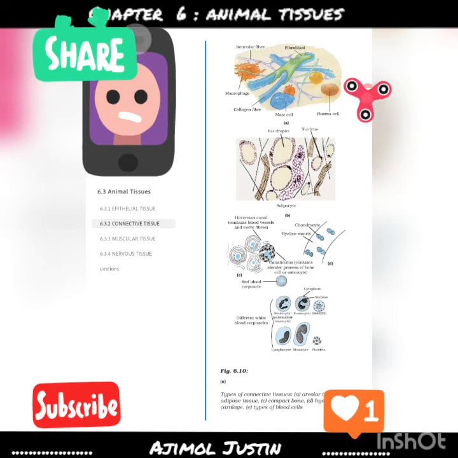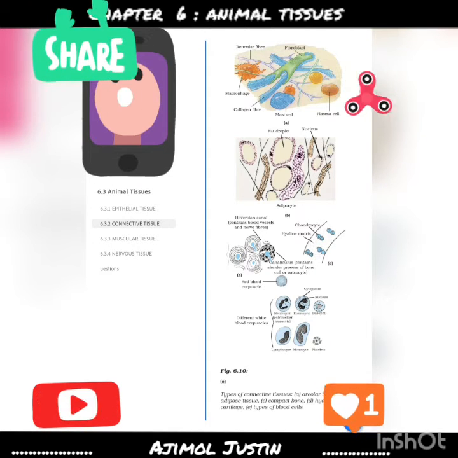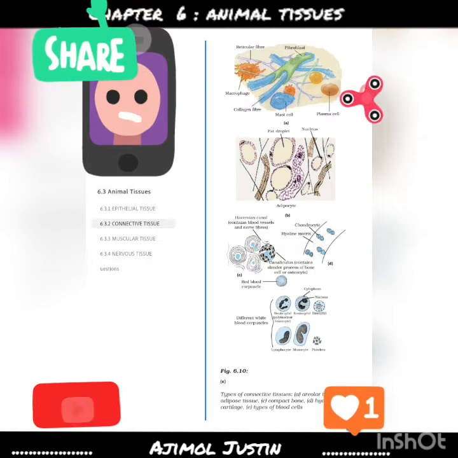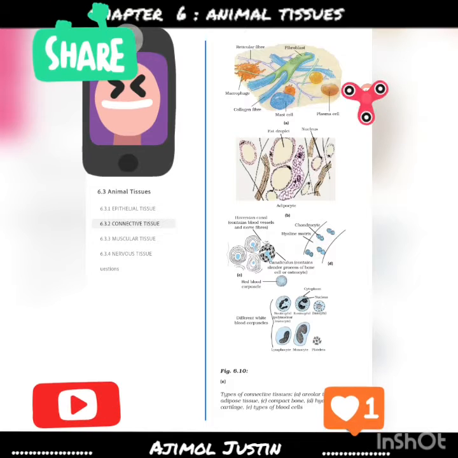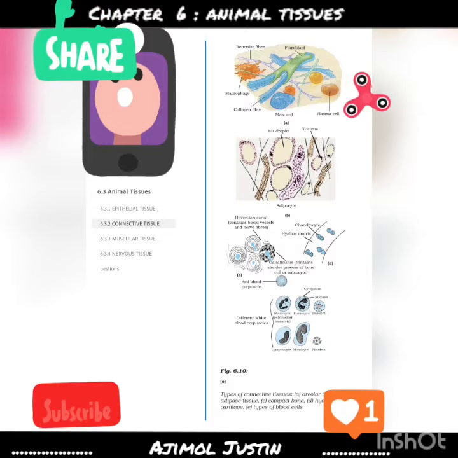Your ear is a cartilage, right? And in between bones also you have cartilages, so that there need not be any wear and tear of your bones. So cartilage is also a connective tissue, and blood is also connective tissue.